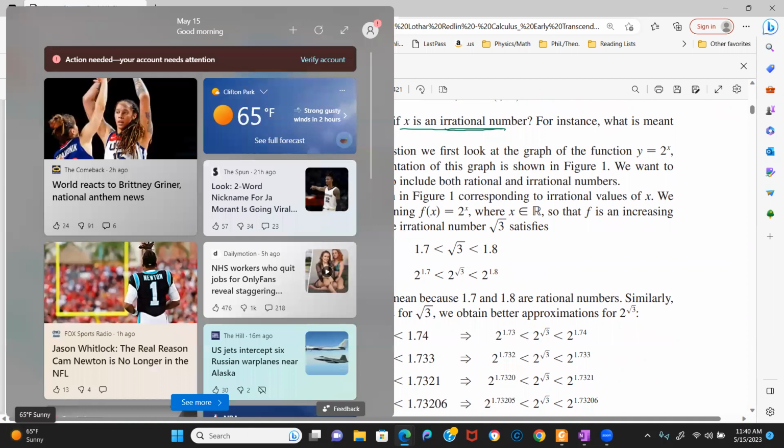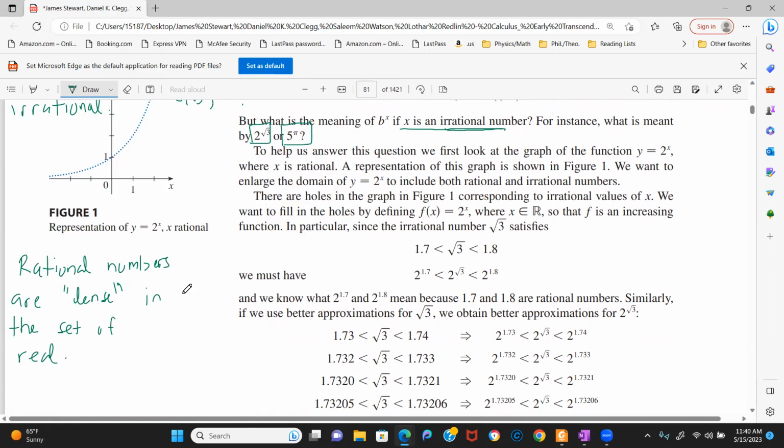And that just means that even though they're really spread out, they really fill out the space of real numbers. There's a lot of rational numbers. And this word dense actually has a very technical math definition.